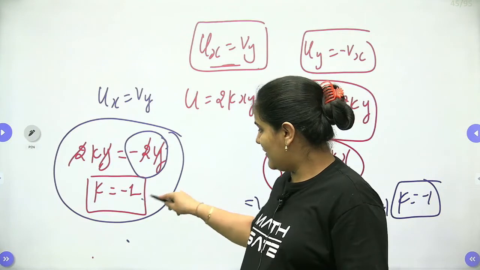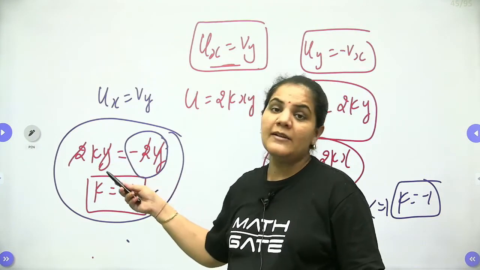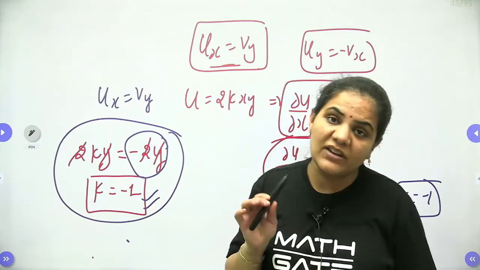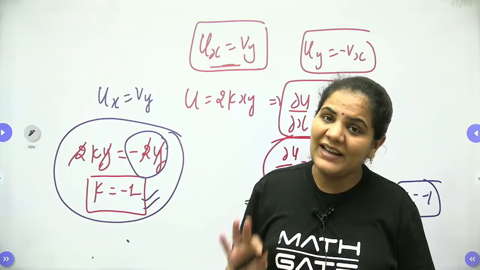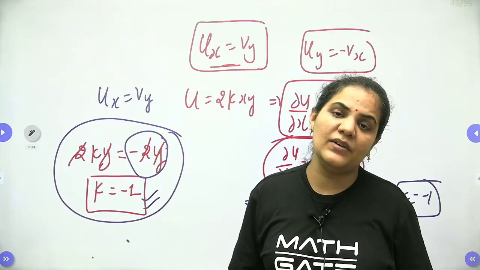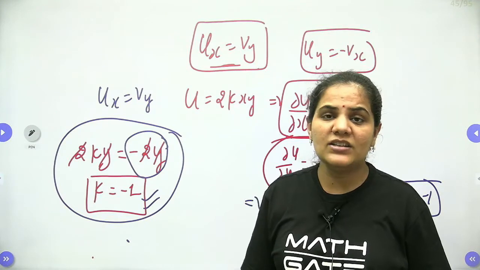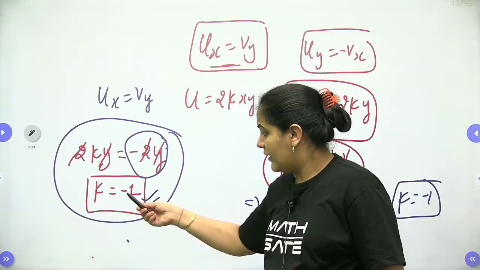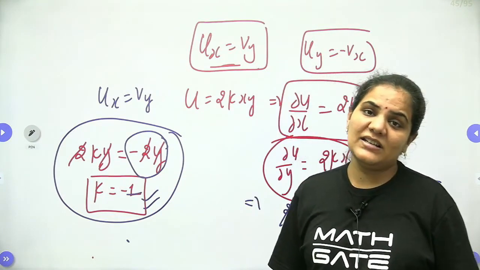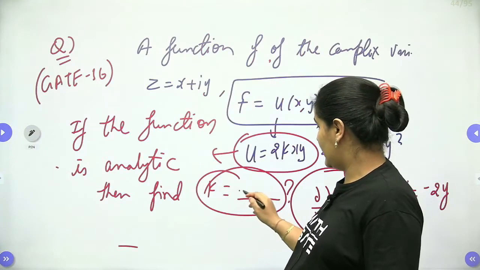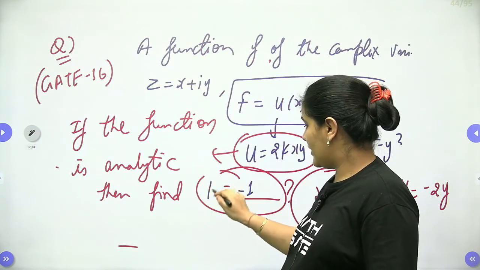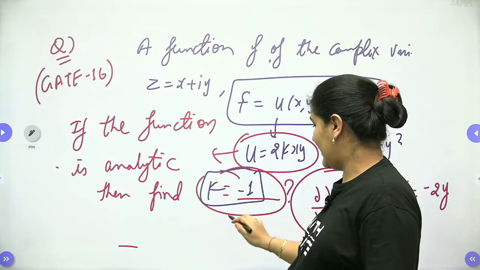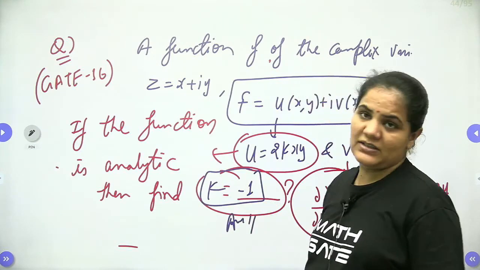It's already given in the question that it's an analytic function, so the result is always ux equal to vy, and we get k equal to minus 1. It was a numerical entry question, so you can write the value of k equal to minus 1 as your final answer.